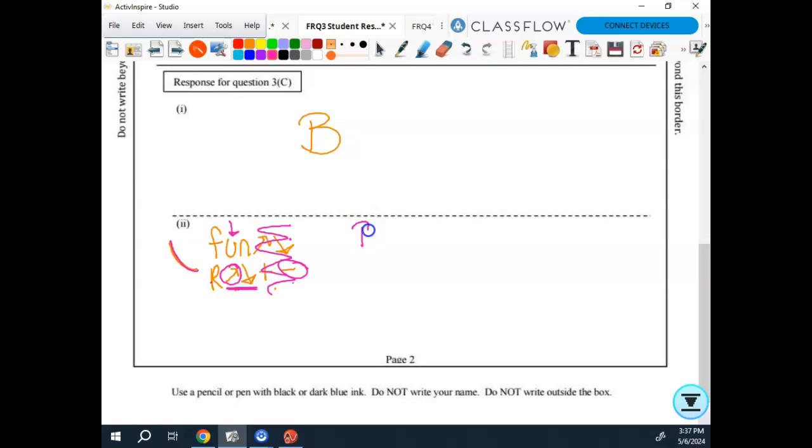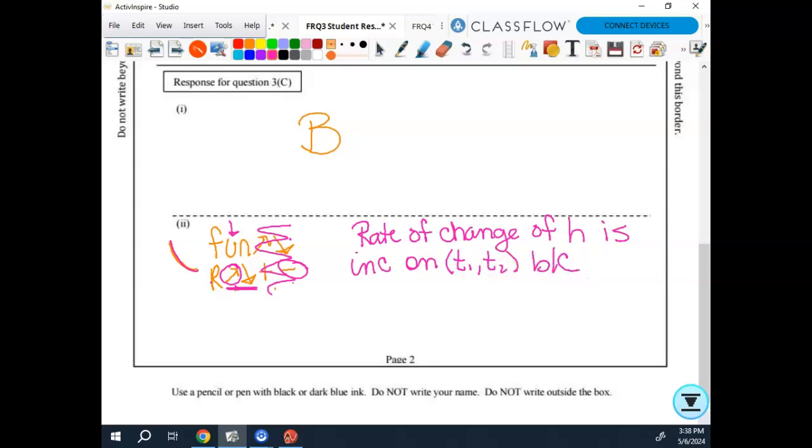We're going to say the rate of change of H is, we just decided, increasing on T1 to T2 because, not "it," don't say it, because H is concave up on T1 to T2. And there you go.